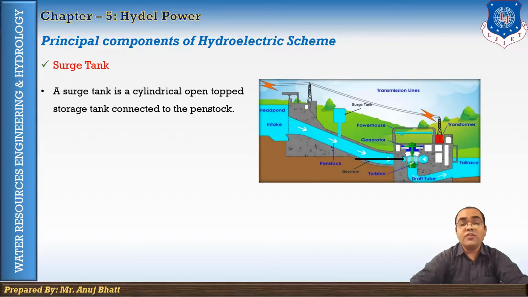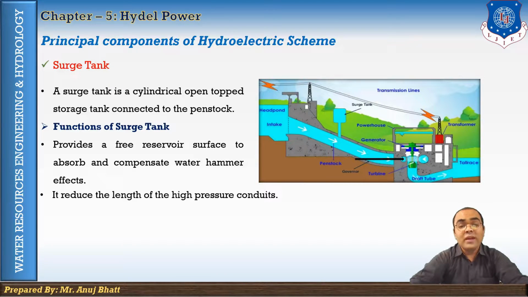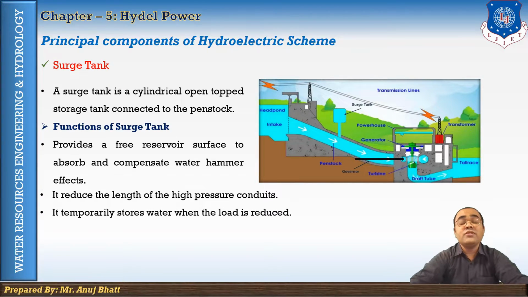If we talk about the function of the surge tank, it provides a free reservoir surface just upstream of the turbine to absorb and compensate for the water hammer effect. It reduces the length of the high pressure conduits required to resist the water hammer effect, and temporarily stores some amount of water when the load is reduced.